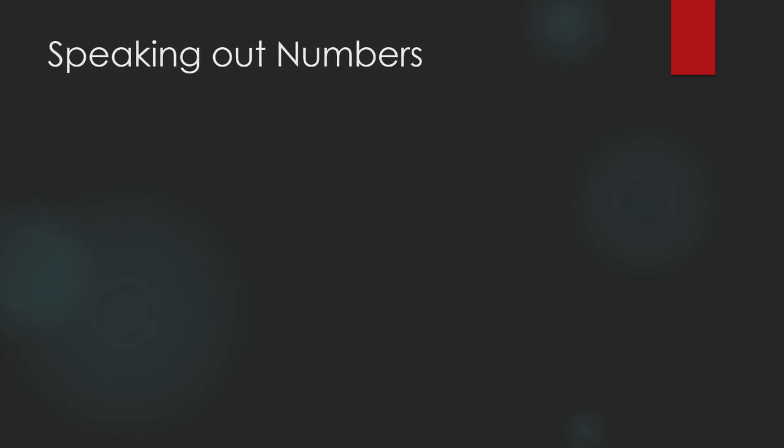So let us speak out and see the actual spelling of the numbers when we write them out in words. This one is 98,706,072.1245. This is how you read the numbers after the decimal point.